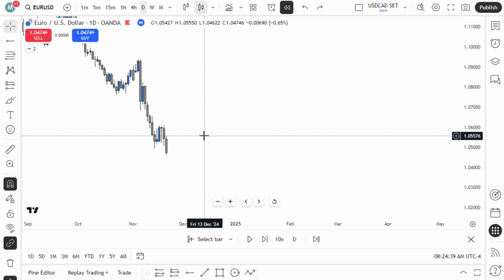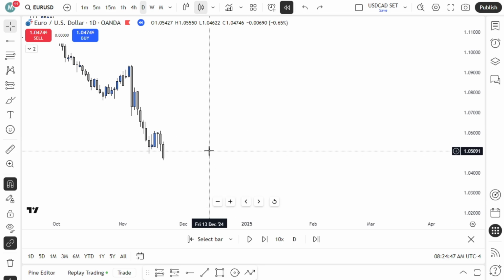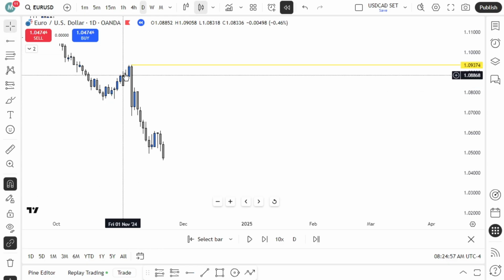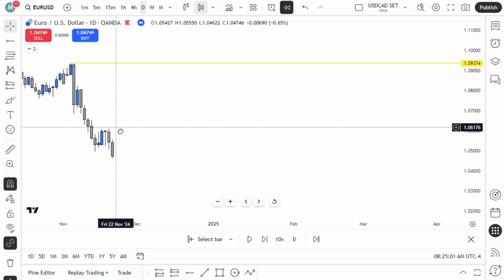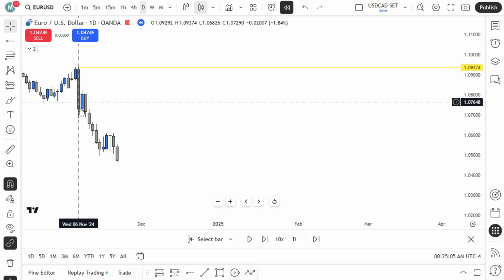Now we're here on the daily time frame and we'll be marking up the obvious highs and the obvious lows. So when we come into the market, we need to look for the most exact obvious highs and the most exact obvious lows. So we have here an obvious high because price pushed up, making this the highest point before price then pushed down.